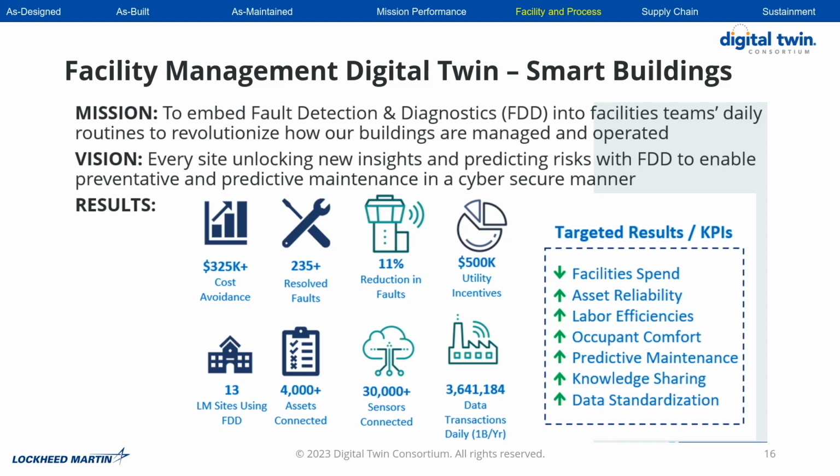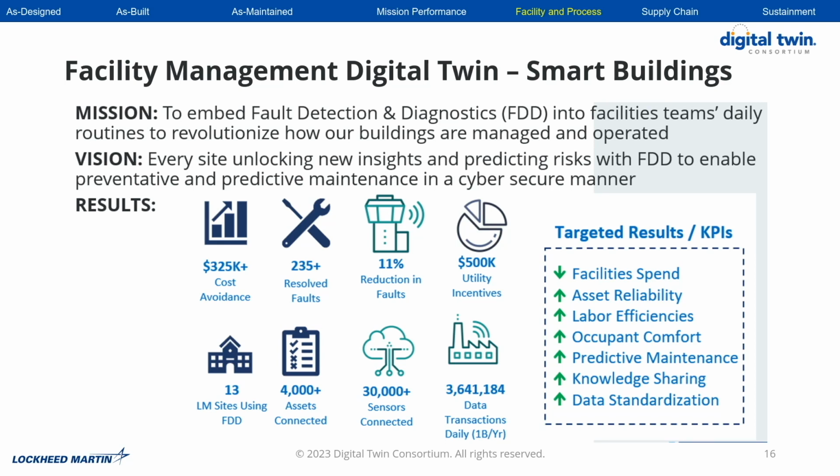And the last example I want to share with you focuses on both facility and process. The goal was to embed fault detection and diagnostics, or FDD, capabilities into our facilities. I'm not going to read the entire chart to you, but I think you'll see these smart buildings have already saved the company a lot of money. There's over 4,000 connected assets, 30,000 connected sensors with 3.6 billion, give or take, data transactions per day.